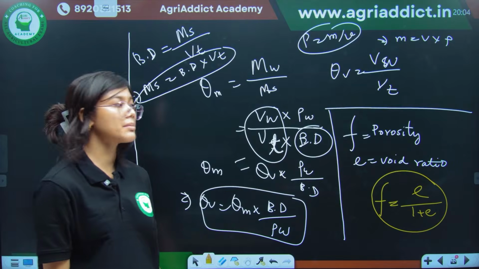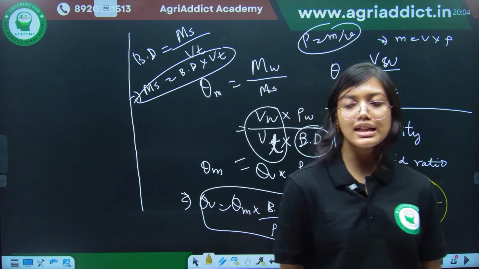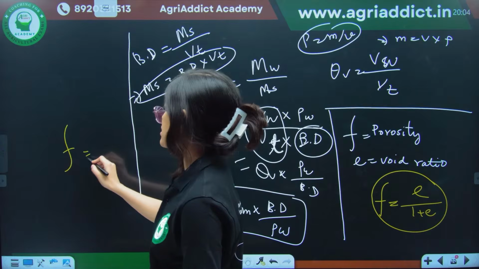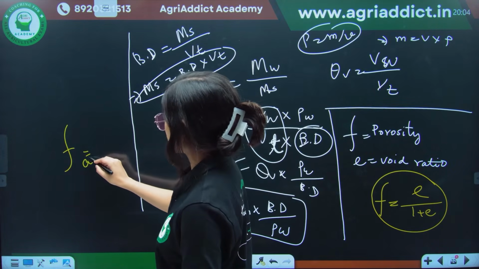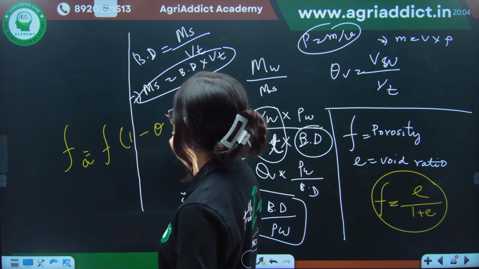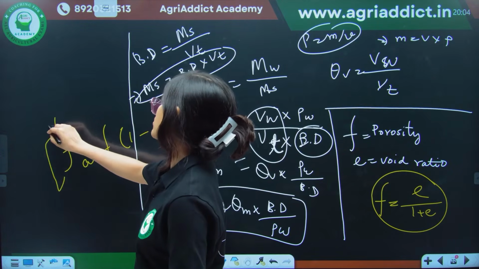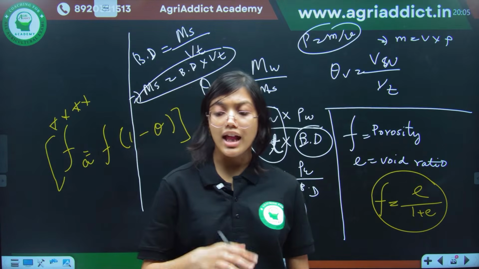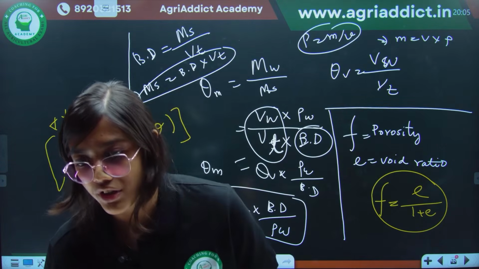F is equal to E by 1 plus E. And then there is another thing: if you have this as the air filled porosity, then it is total porosity into 1 minus degree of saturation. So, these 2 or 3 formulas you must remember, so that it will help you with the numericals.